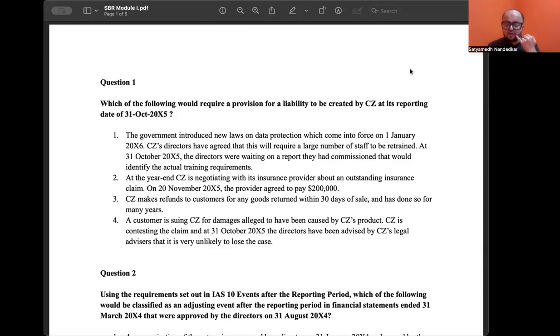If there is a constructive obligation, the entity knows that if we make sales to 100 customers, on the basis of past track records, how many customers return the goods and what would be the amount of refund that we have to pay. Which is why there is a present obligation. You have no realistic alternative apart from making the payment when the customers come to you. Point number two, it has to happen because of a past obligating event.